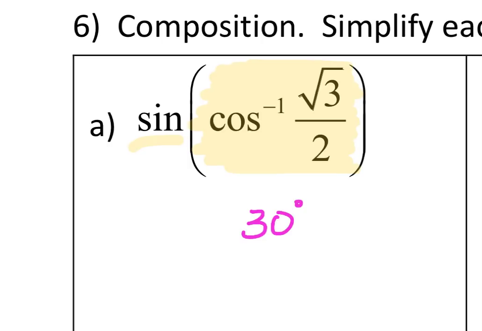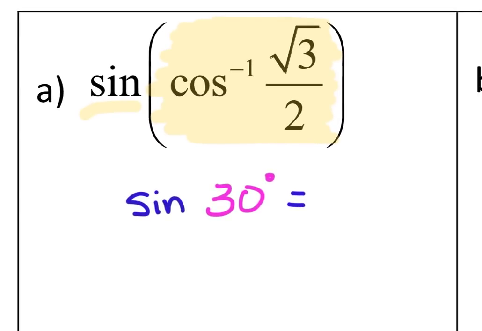And so this question is actually asking me, what is the sine of 30? Now, when we're just talking about sine, not inverse sine, we go back to our unrestricted domains and ranges, and that doesn't really affect this problem, but just keep that in mind. Your answer here is 1/2.